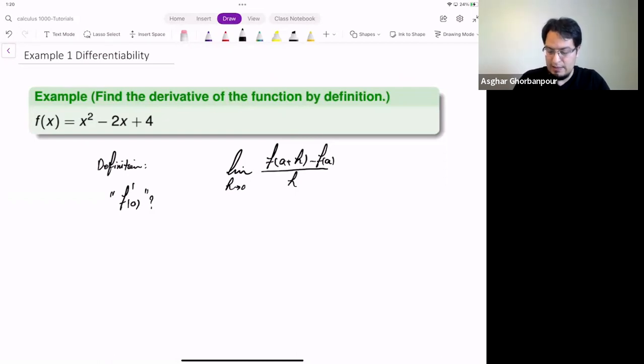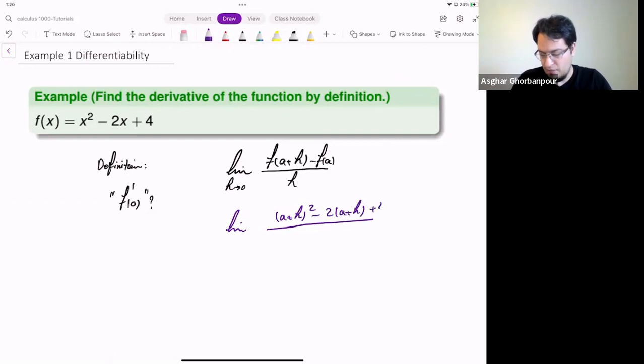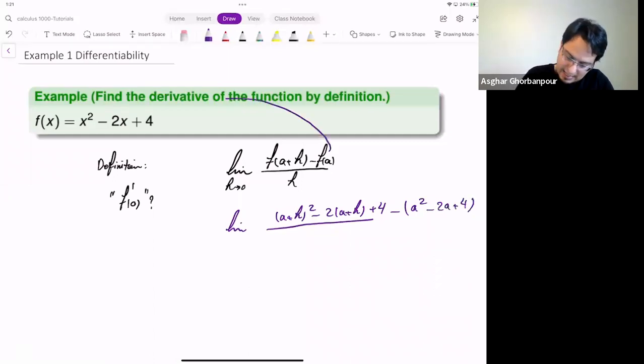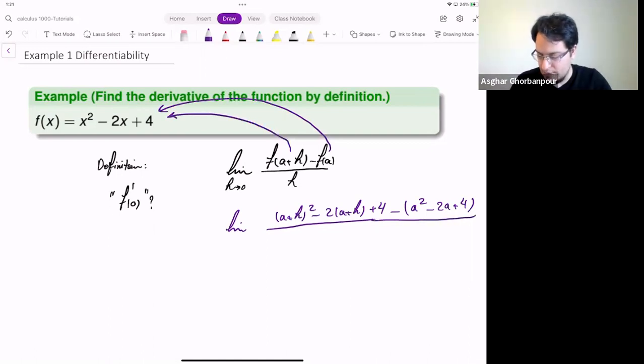Here, a is in general not 0. So I can write down this limit: a plus h to the power 2 minus 2 times a plus h plus 4, minus a squared minus 2 times a plus 4. I'm just plugging these into my function, and everything is divided by h as h goes to 0.